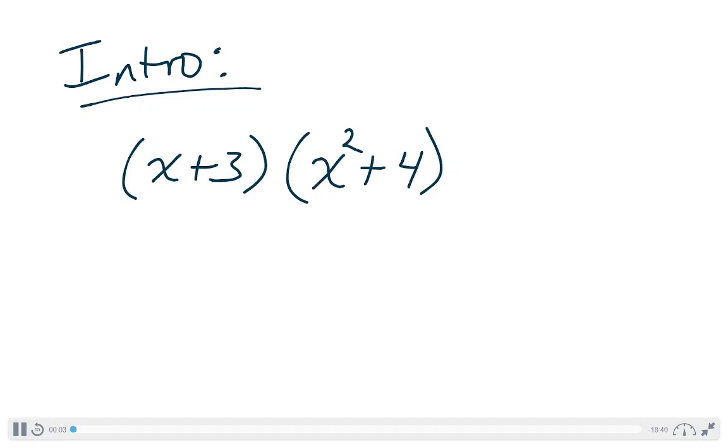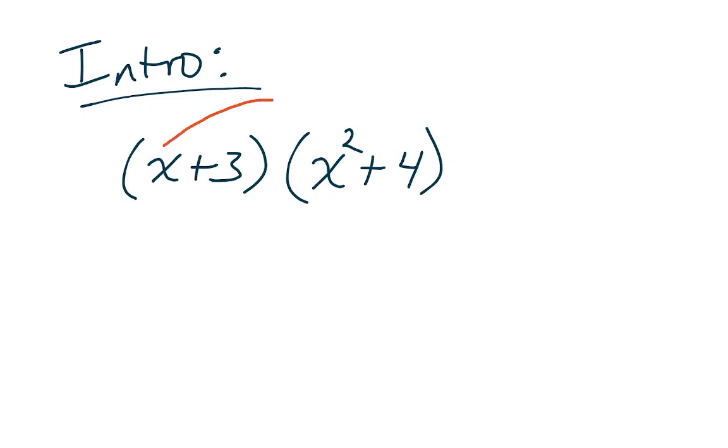So what if I asked you to FOIL, to multiply, to distribute, and expand these two binomials? What would we get? Well, let's find out. Looks like you would get an x cubed. What else? You would get a 4x.